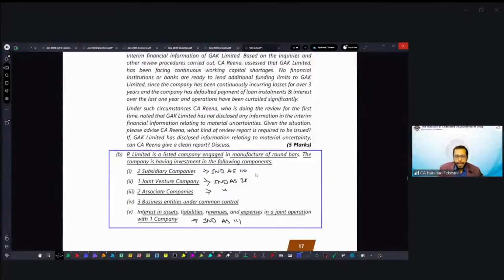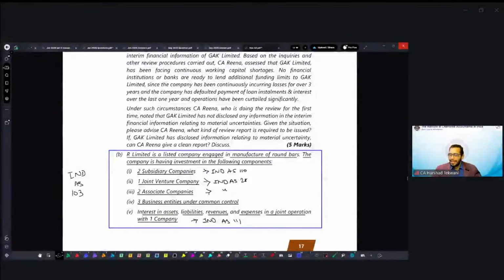Absolutely correct, brother. Ind AS 103. Yes or no? Ind AS 103 helps you to identify the non-controlling interest. It helps you to recognize and measure the goodwill that is acquired in the business combination. So that is very important in this Ind AS.